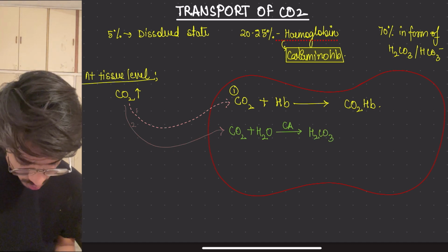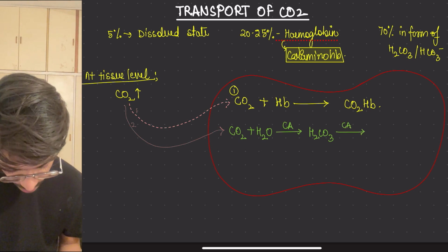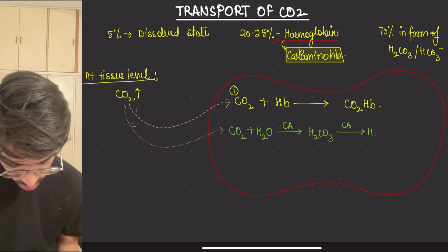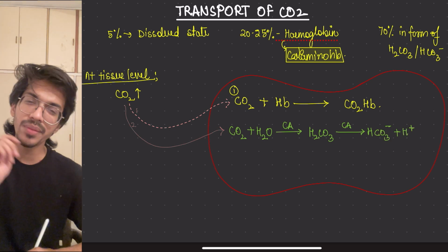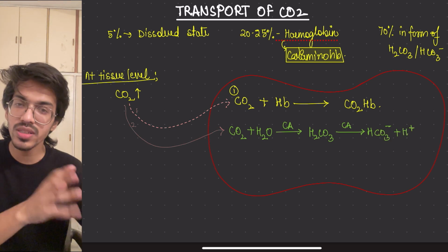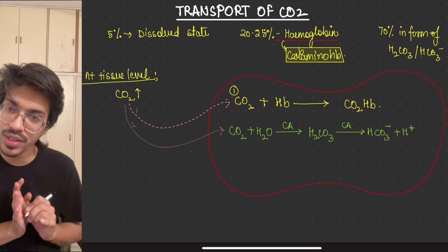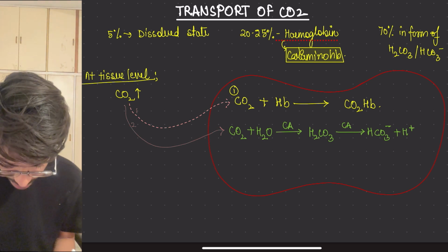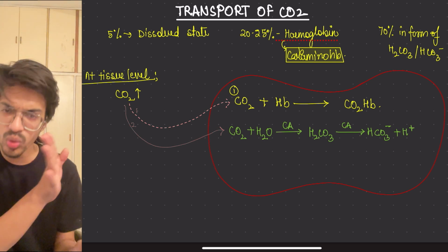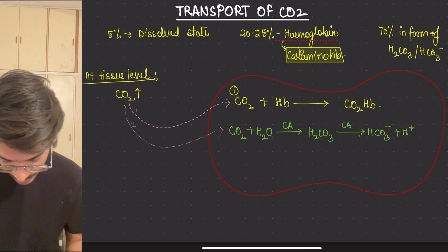Carbonic anhydrase does it, and it forms HCO3 negative plus H positive. Now the positive one will do something, the negative one will do something. Let's see what is being done. This negative thing being formed, of course this reaction goes in both directions, which I will let you know later.